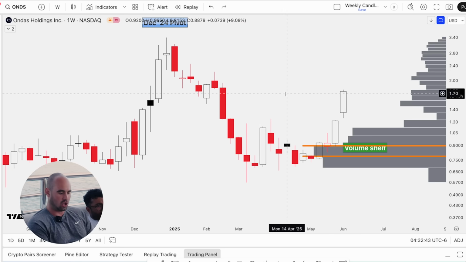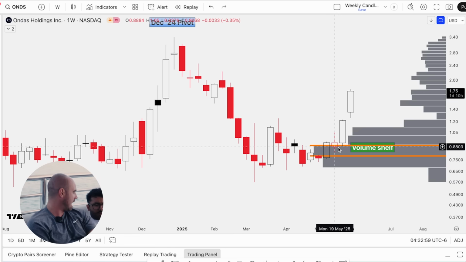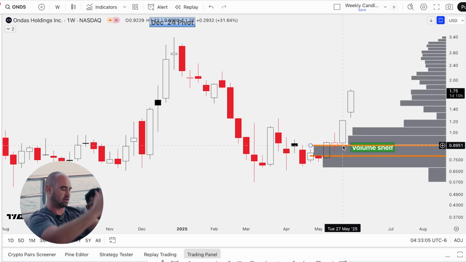So these volume shelves can almost act like a base for price, right? Like if you have a rocket ship, we got some support. A rocket ship needs a hard base to move up off of, because the energy's coming down, pushing it up. So you can essentially look at price as the rocket ship, and the volume shelf is the base it's creating to move off.